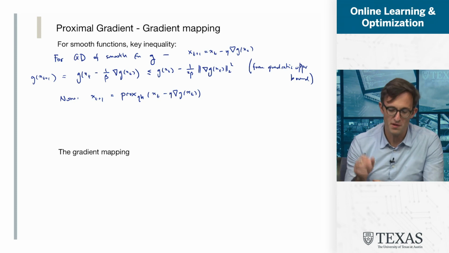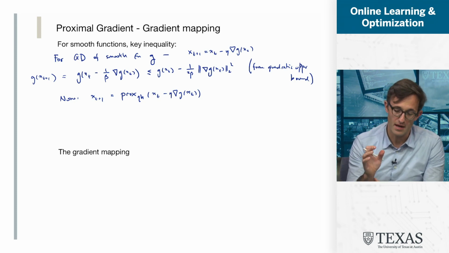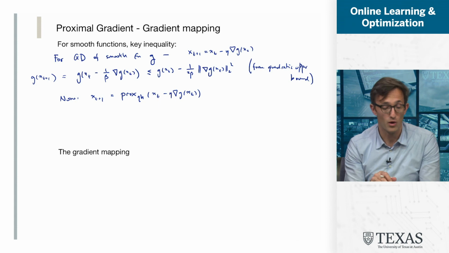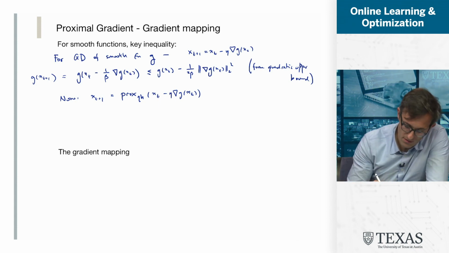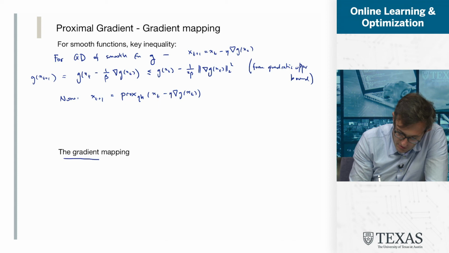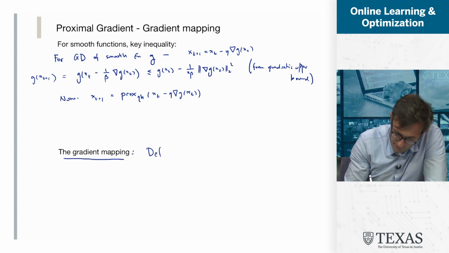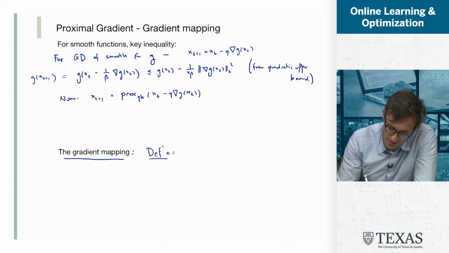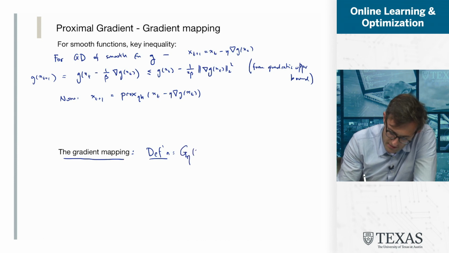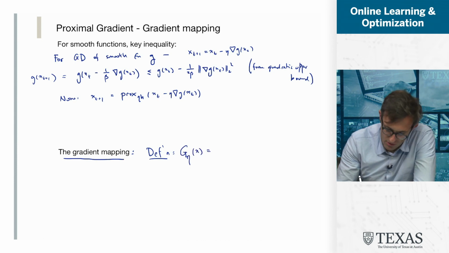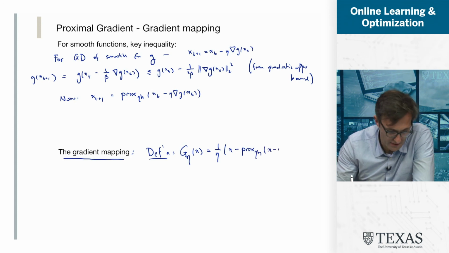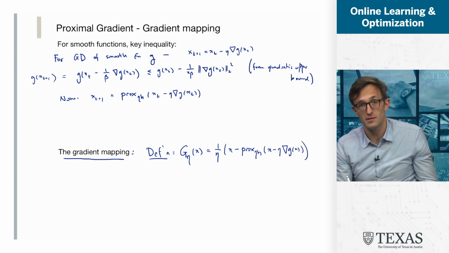So we're just going to define a quantity as the difference between xt plus 1 and xt. This is called the gradient mapping. I'm going to define g eta of x to equal 1 over eta times x minus prox of eta h of x minus eta gradient of g of x. Where did this come from?